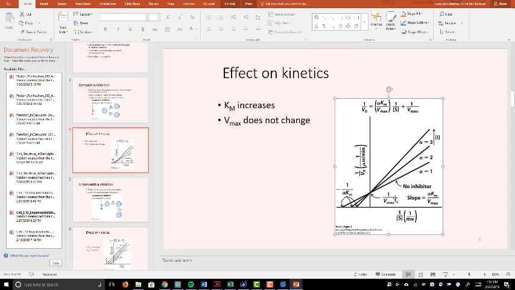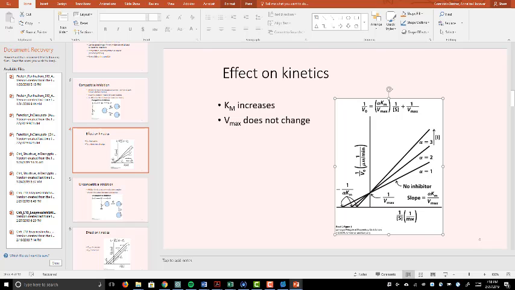However, the Km changes and the Km is going to increase. Our slope is equal to Km over Vmax, so the slope is going to get bigger with increasing inhibitor, and you're going to see the line become sloped more steeply than without the inhibitor.